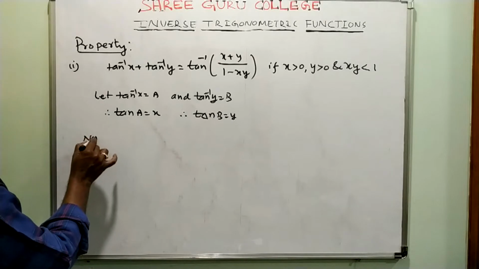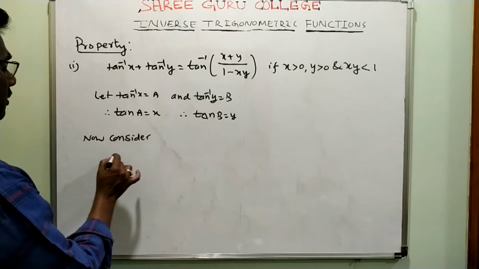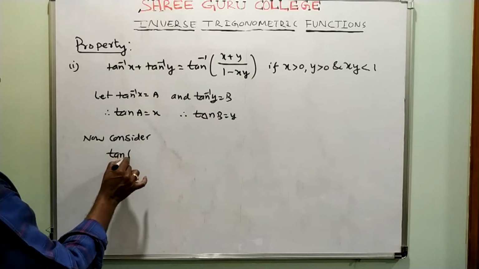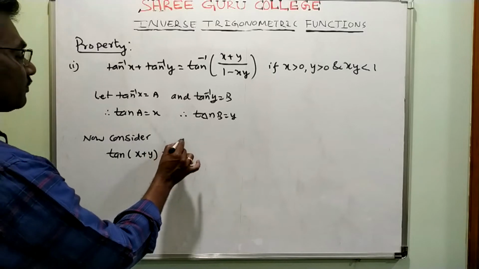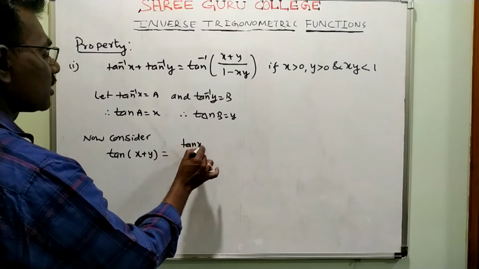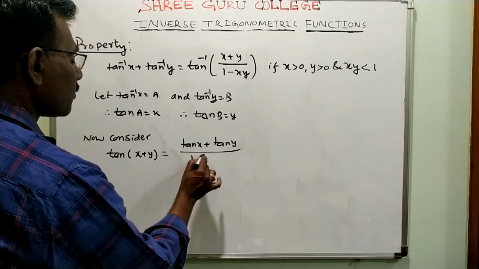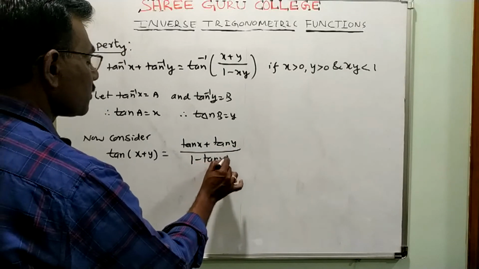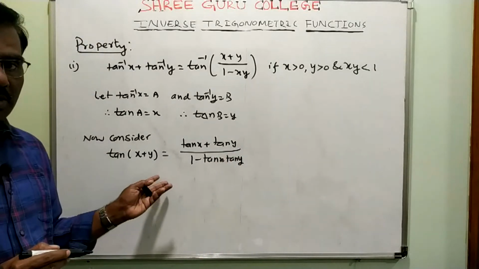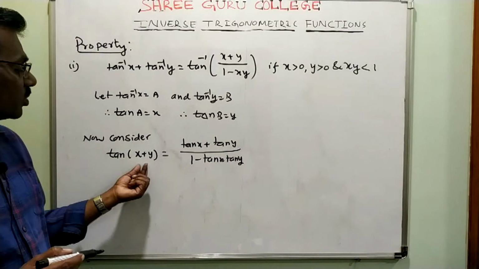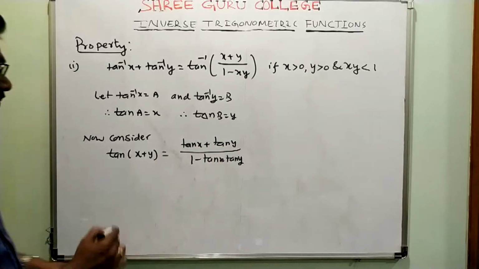Now consider the tan of (x plus y) formula, tan x plus tan y by 1 minus tan x into tan y. You know this formula from first year, the compound angle.